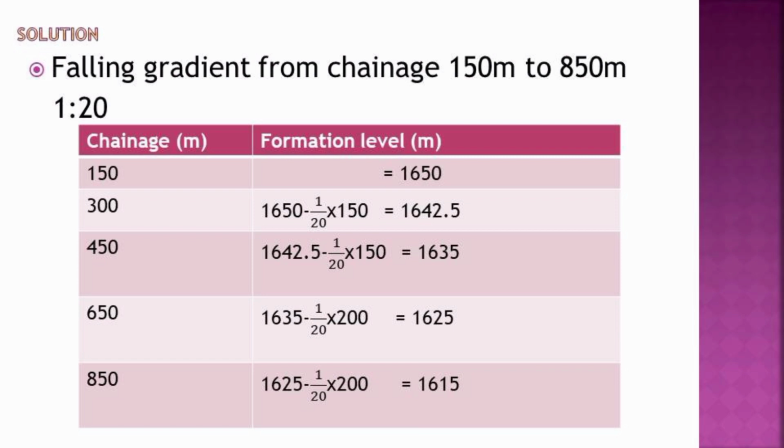On the 150 meter chainage, our formation level was already given as 1650. Then we go ahead to chainage 300. We don't have the formational level. I use the formational level provided on the chainage of 150 meters and multiply the falling gradient by the distance between those two.